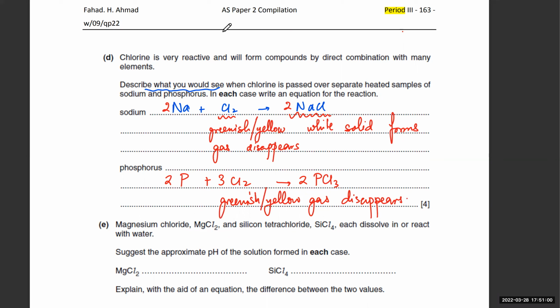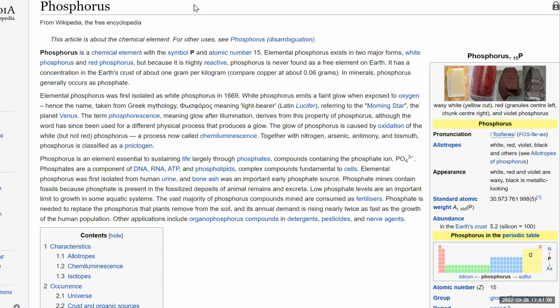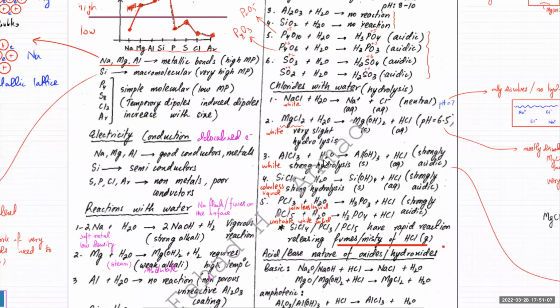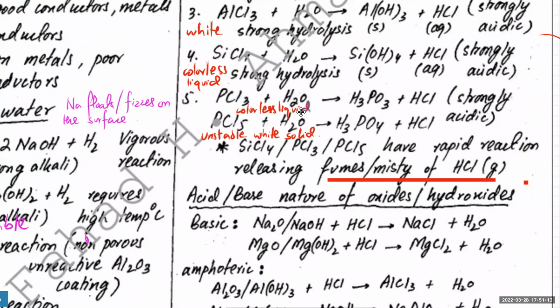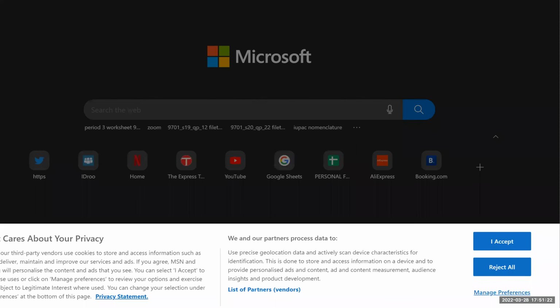PCl3 is probably a colorless liquid. ठीक है, जो कि यहाँ पे hopefully would be given over here. यहाँ पे mentioned है. ठीक है, make sure. So PCl3 is a colorless liquid and PCl5 is an unstable white solid. So a colorless liquid is going to be formed, which is going to be of PCl3.